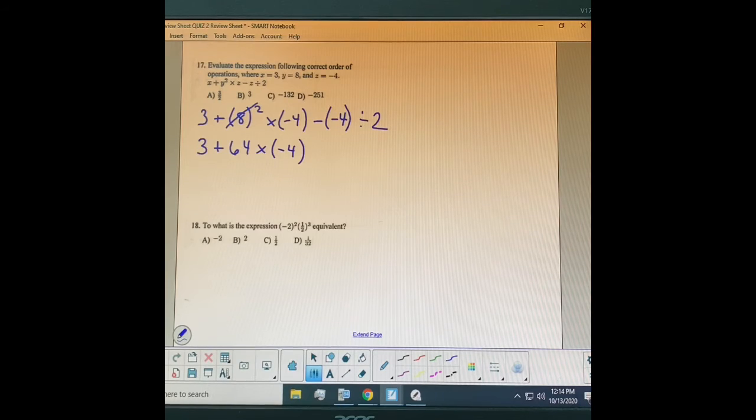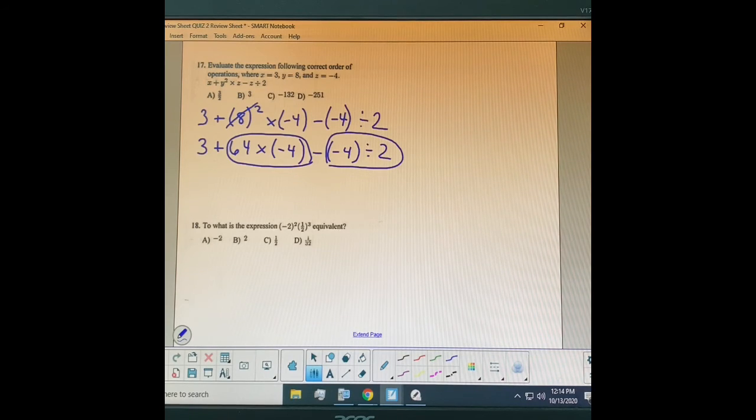Try to do this question without me, and then work it out slowly. And number 18, again, this is just orders of operations. Do your exponents and multiply, and get a final answer of 1/2.